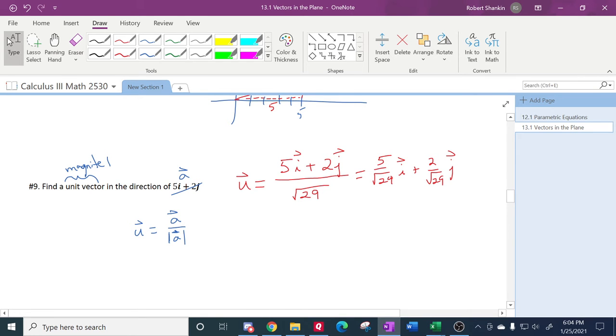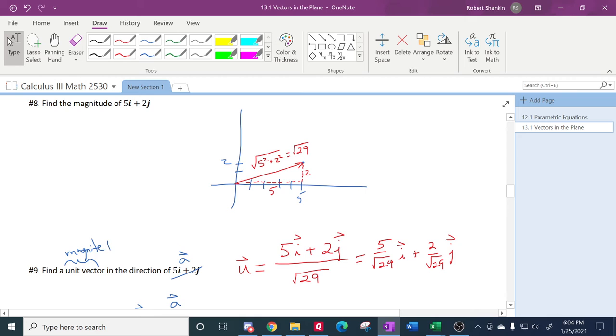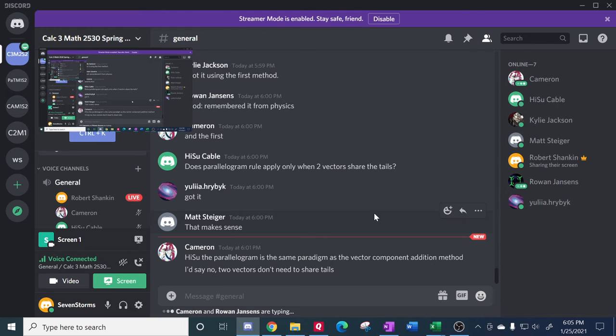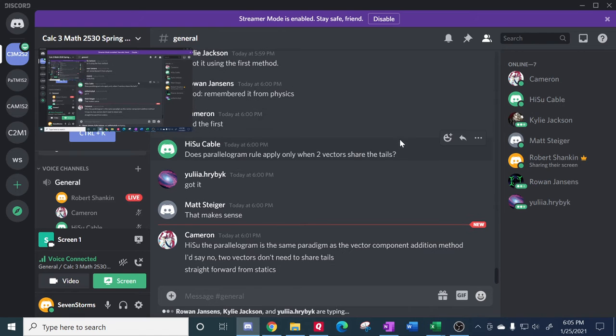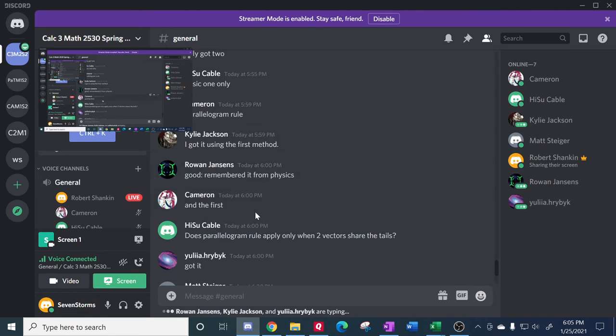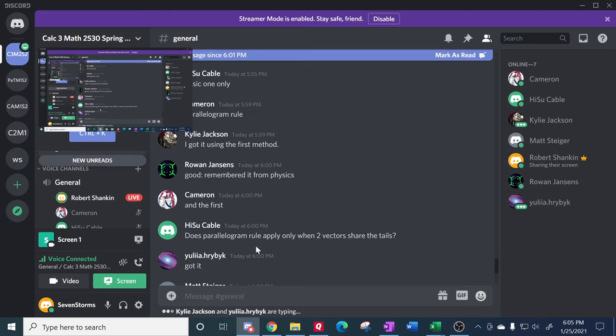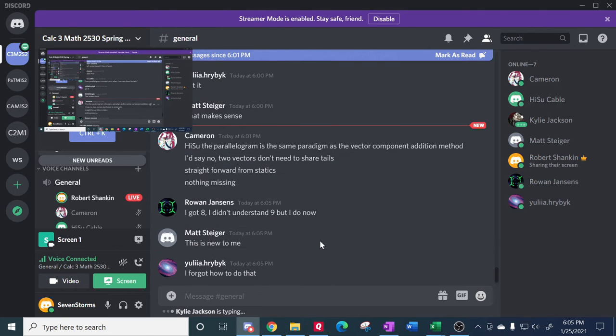Okay. And a little bit of feedback about 8 and 9. Okay, and Hisu asks, does the parallelogram rule apply only when two vectors share the tails?